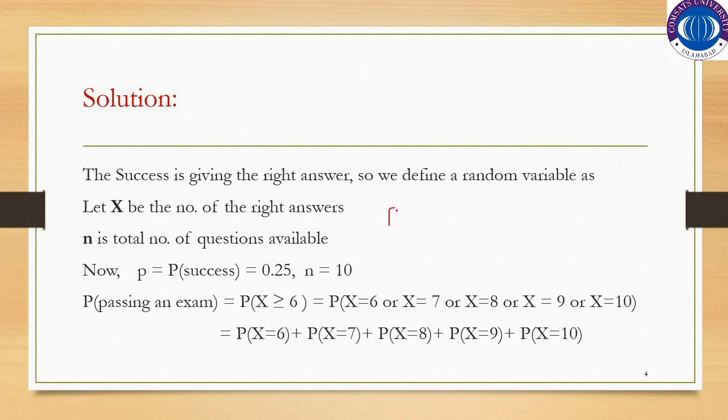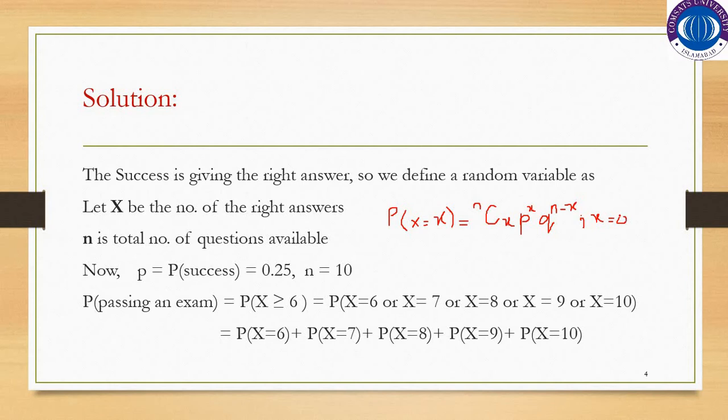So by applying the binomial probability distribution function, which is equal to probability x is equal to x is equal to nCx p raised to power x q raised to power n minus x, and x is equal to 0.